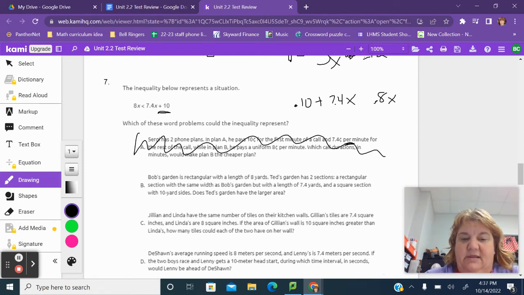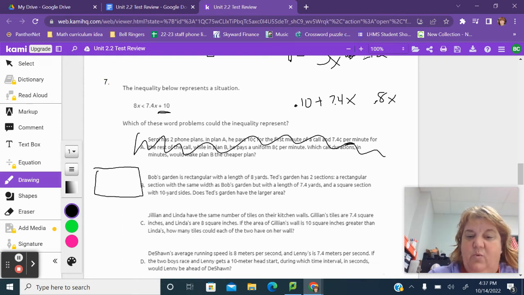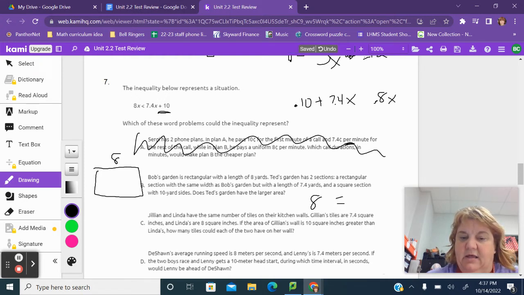Okay, so let's try this one. Bob has a garden with a length of 8 yards. And he has 2 sections, a rectangular section, the same width. Ted has a garden with the same width as Bob's garden, but with a length of 7.4.